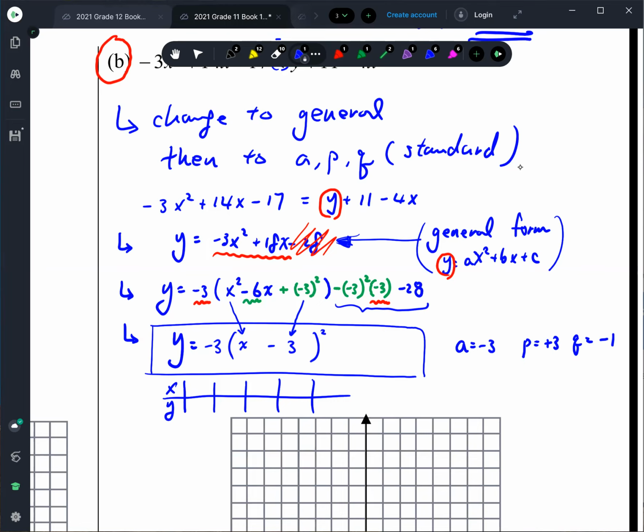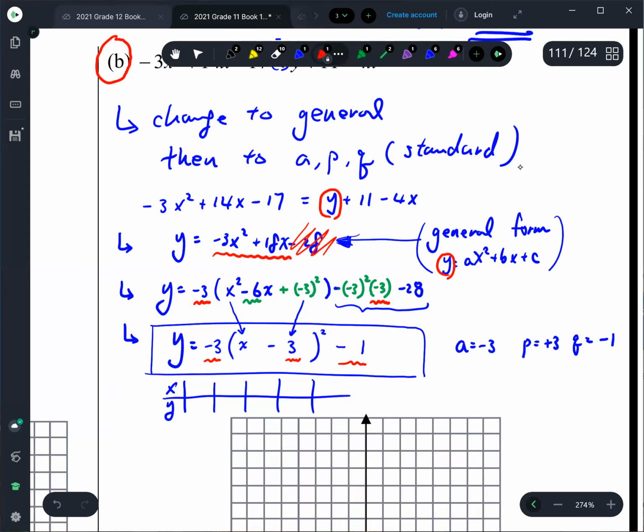So you start with the square, -3 squared, that's 9. But then there's a negative at the front, right? So -9 times -3, 27, right? 27 minus 28, so -1. So that's our A, P, Q. Okay, this is correct. So PQ is our vertex. We put that in the middle.